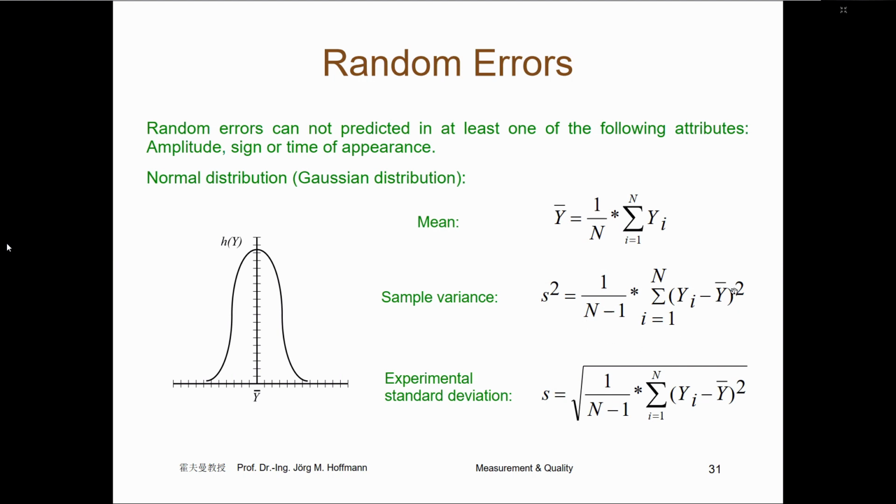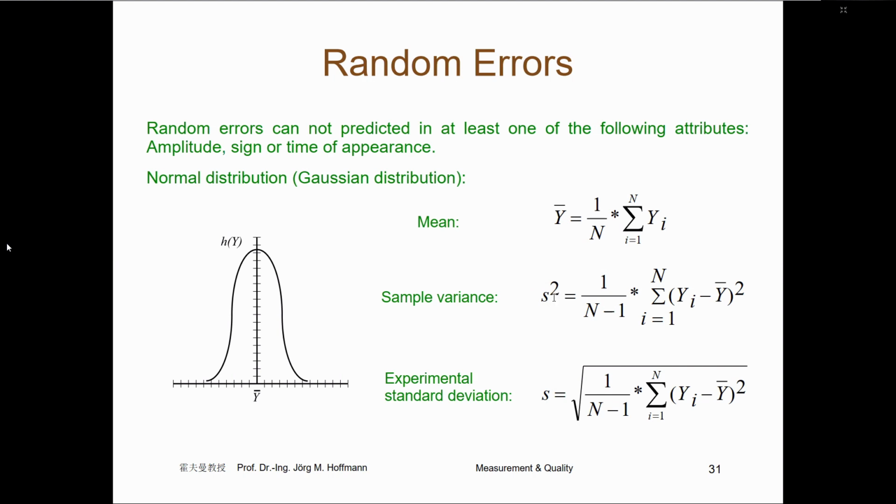That means that we calculate the difference from a single point to the mean, raise it to the power of 2, and divide by n-1. I will explain later why that is so. And we get the sample variance, which is the standard deviation to the power of 2.